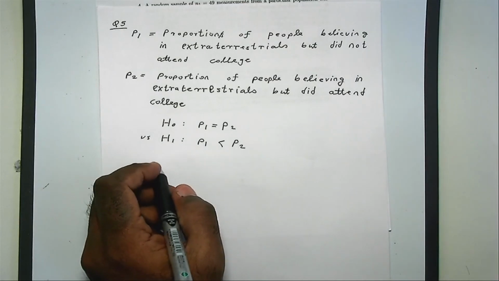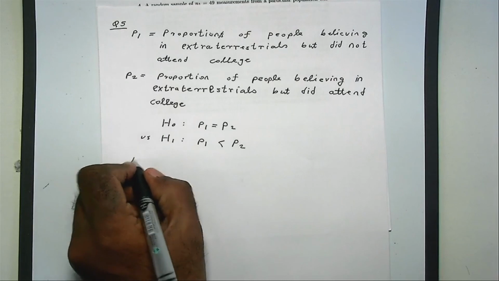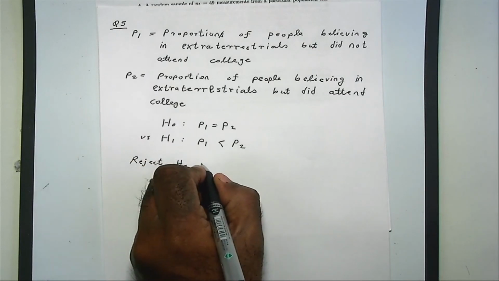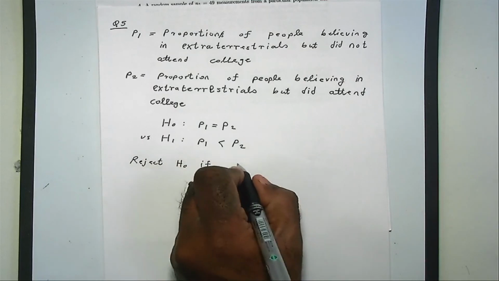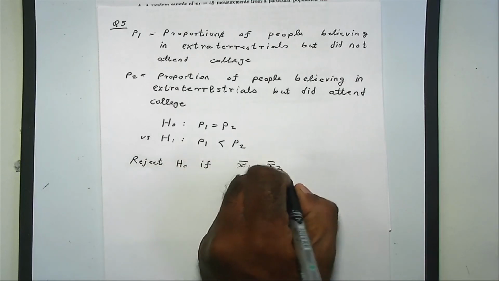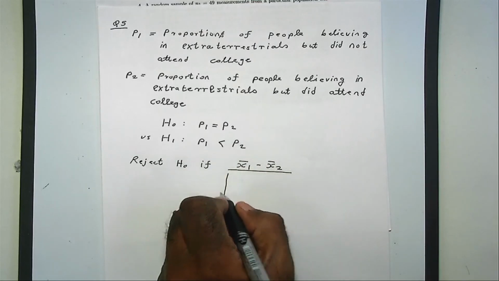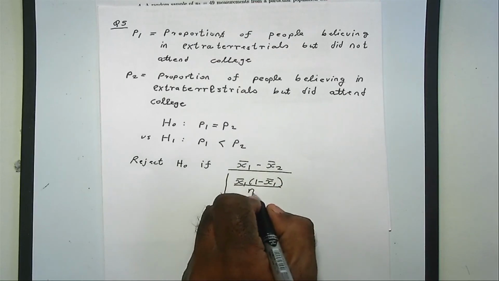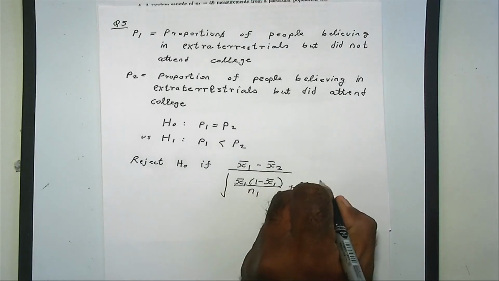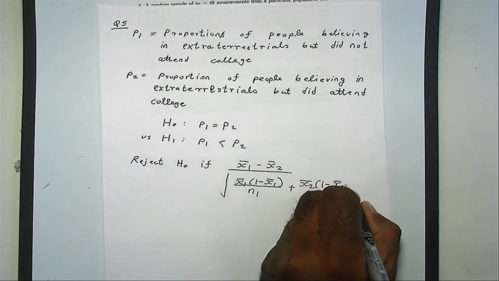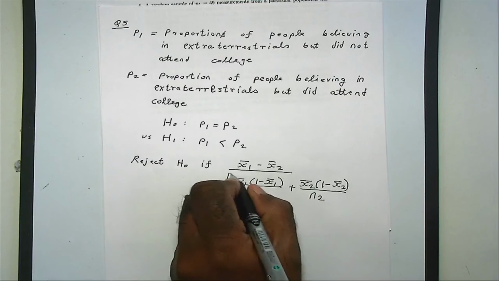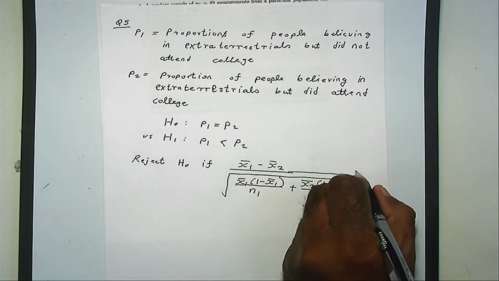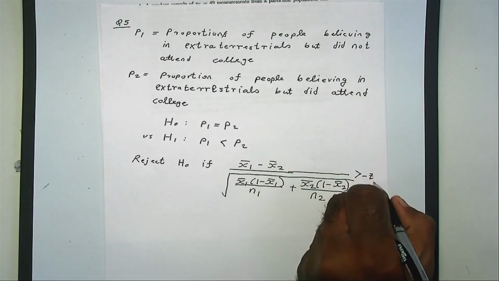Now, if you look at the video or the typed notes or the handwritten notes, you will see the rejection rule for the null hypothesis is if the following is true: if this is greater than minus z 1 minus alpha.